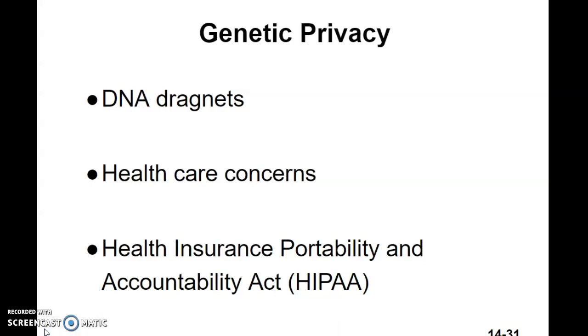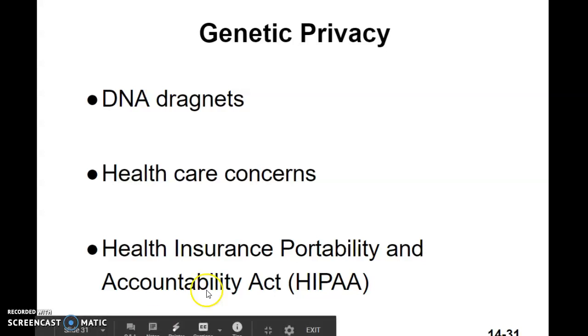There are some concerns about genetic privacy. Are we going to do DNA dragnets like they did in Gattaca, where they just stop people and collect their DNA right away? They do say that anybody who walks into a police station in England is automatically given a DNA test. Why they're doing that, I don't know, but they apparently don't have the same privacy laws that we have in the United States, because we do have HIPAA.